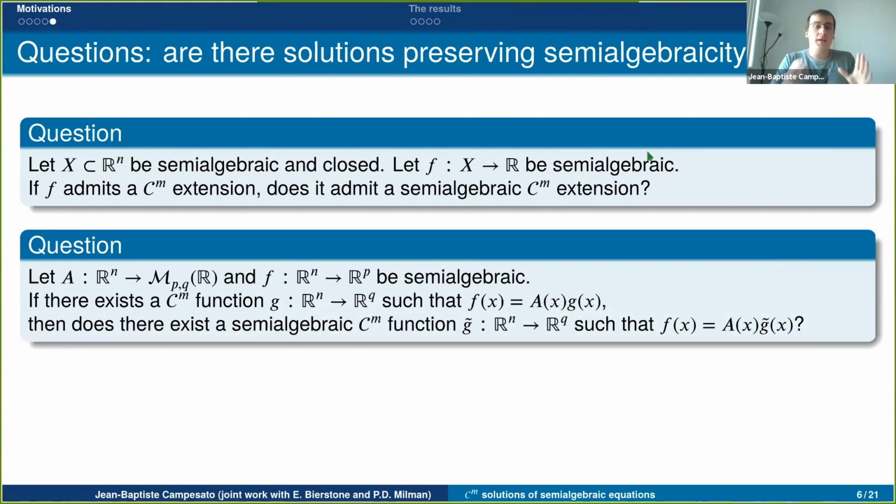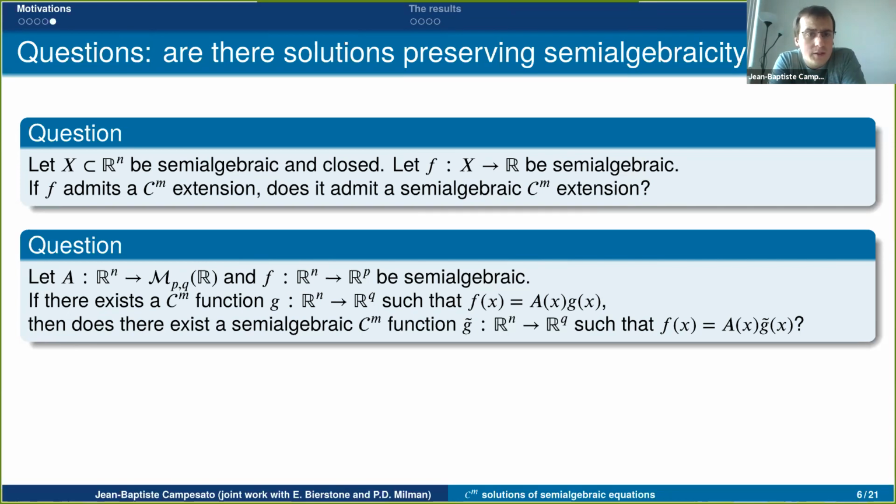And the question is, if f admits a CM extension, so if f is the restriction of a CM function, then does it imply that f is the restriction of a function which is not only CM, but also semialgebraic? So does the existence of a CM extension imply the existence of an extension which preserves these additional semialgebraicity properties of the data? So that's the first question.